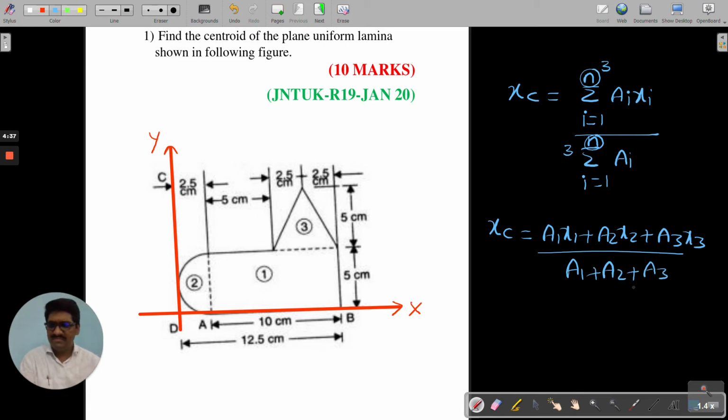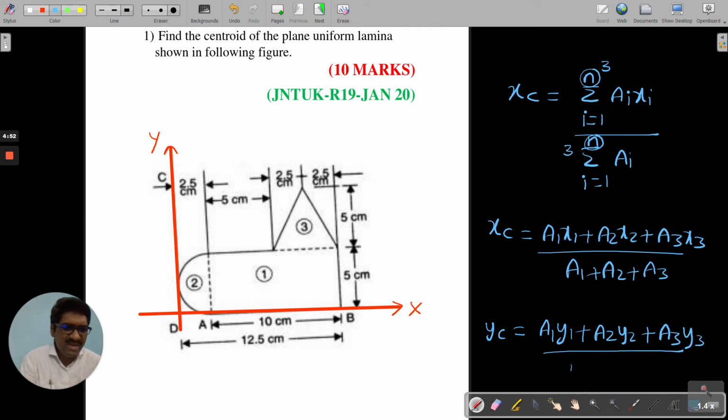Similarly, for the y coordinate, yc is equal to a1 y1 plus a2 y2 plus a3 y3, divided by a1 plus a2 plus a3.